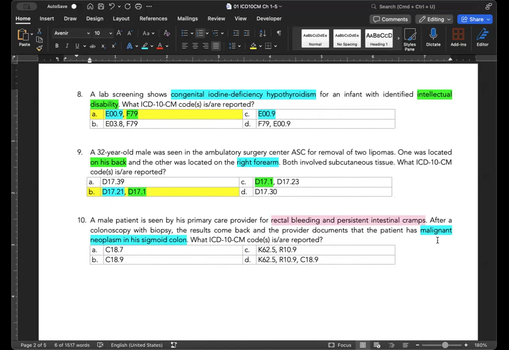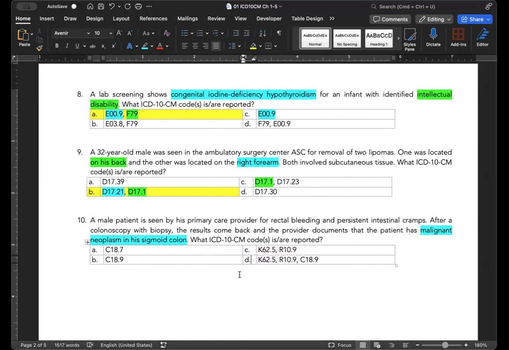So if we have a definitive diagnosis, we should only code that diagnosis and not any associated signs or symptoms with it. So from a testing standpoint, we know we're not going to do C or D right off the bat, because we're not going to code our signs and symptoms.